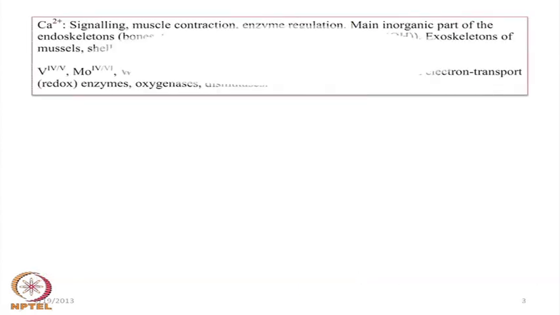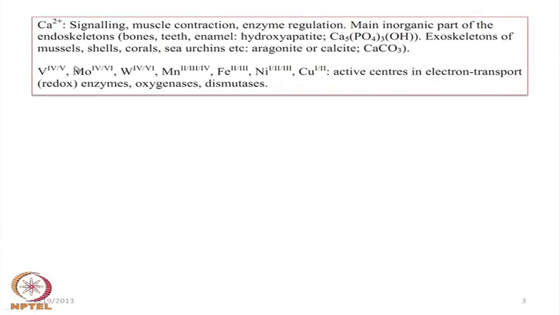So, we see that after magnesium we have calcium. Calcium, like sodium and potassium, can be involved in signaling processes. That means sometimes the calcium concentration is higher in one part and low in the other part.